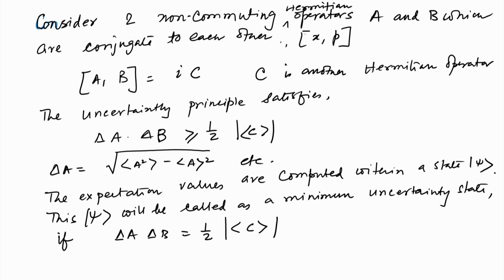That is the minimum uncertainty, and they would follow this relation where an equality exists.